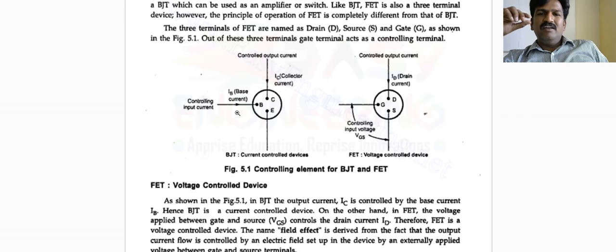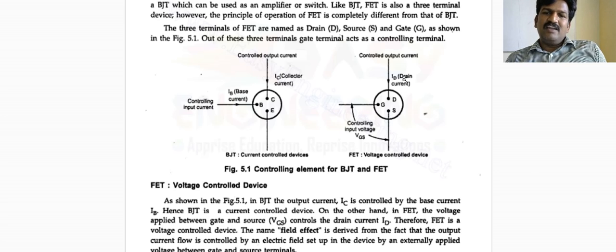For the gate side, two p-type materials are kept for the n-channel MOSFET, and two n-type materials are kept for the p-channel MOSFET. This gate is having two terminals actually, which are shorted to each other. Then we can consider only one gate, and we have the drain current, the source current, and the gate current.